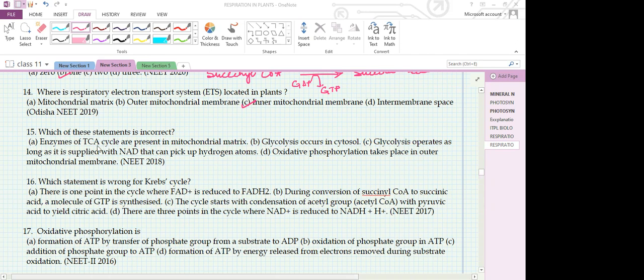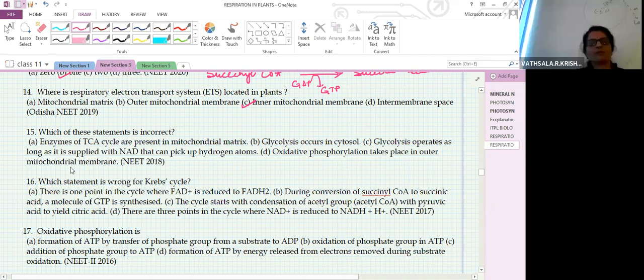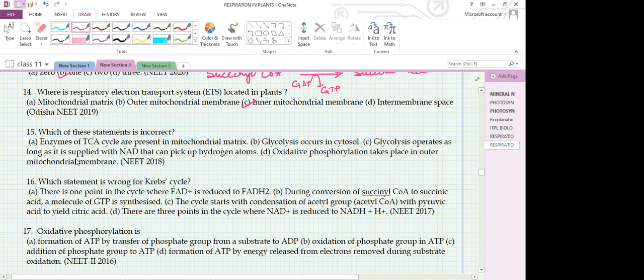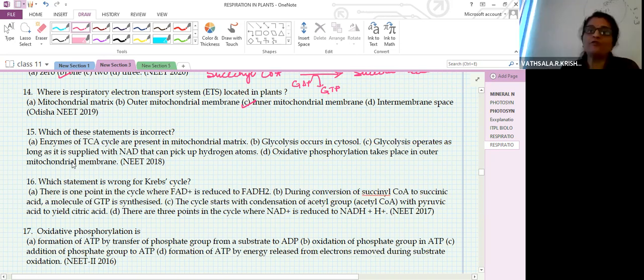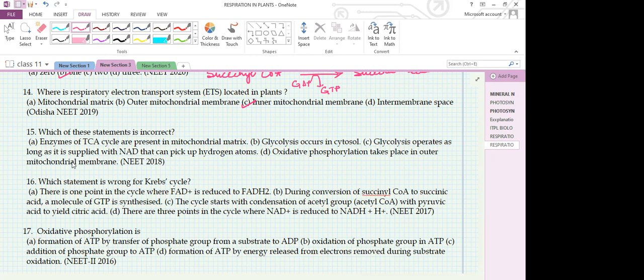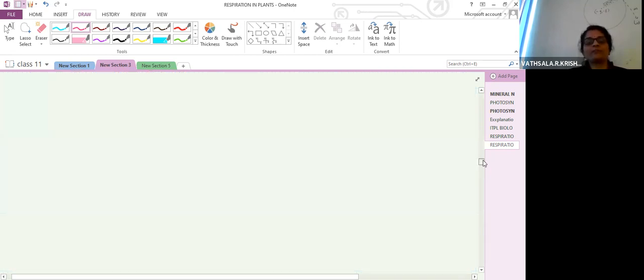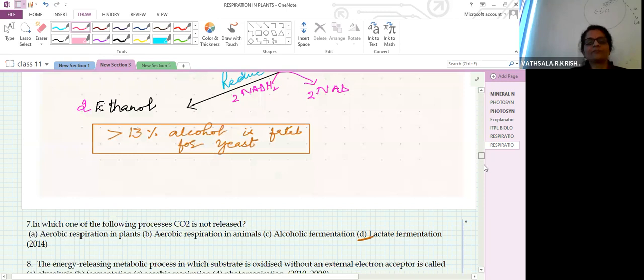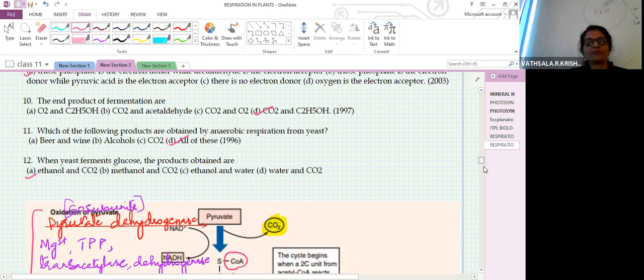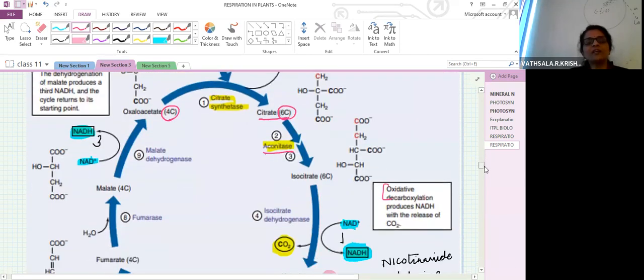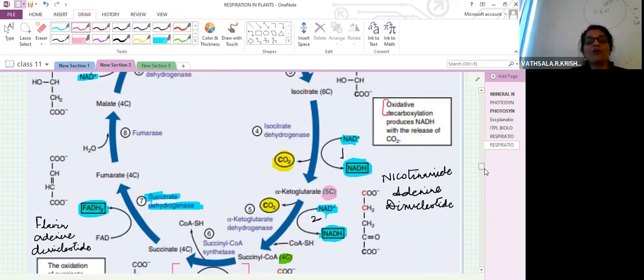Enzymes of TCA? Krebs cycle. What is the full form of TCA? It's called citric acid cycle, Krebs cycle, TCA cycle. TCA is the tricarboxylic acid cycle. Which are the tricarboxylic acids formed in the beginning? Citric acid, isocitric acid, alpha ketoglutaric acid are all tricarboxylic acids.